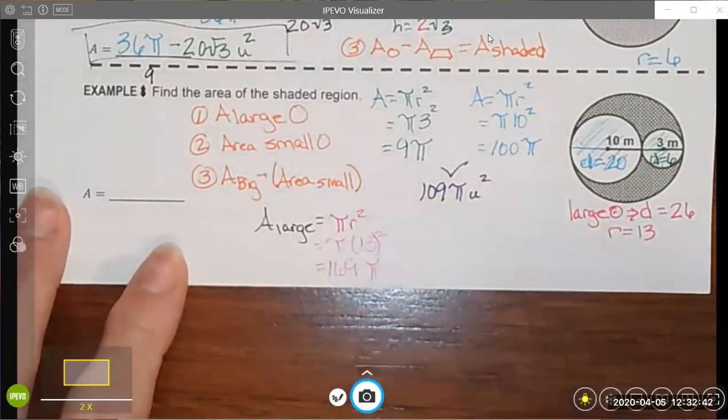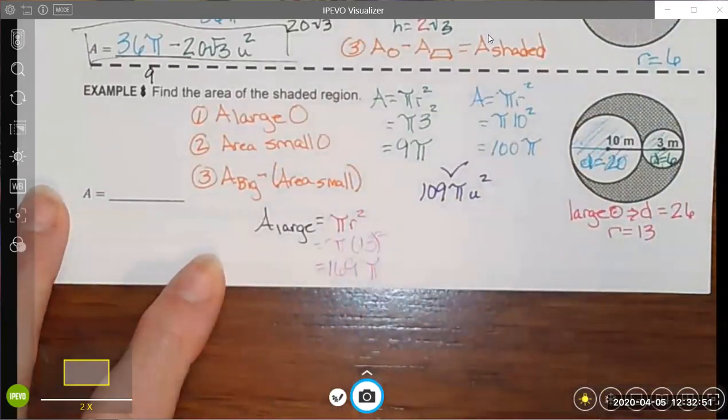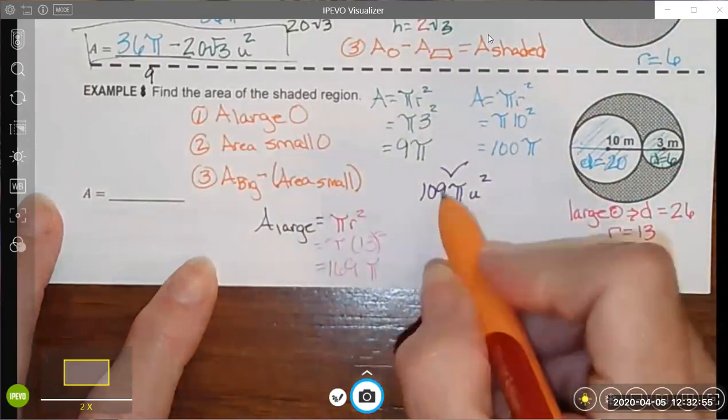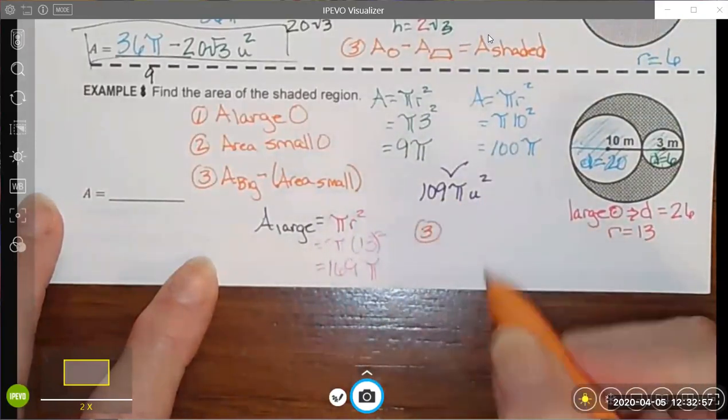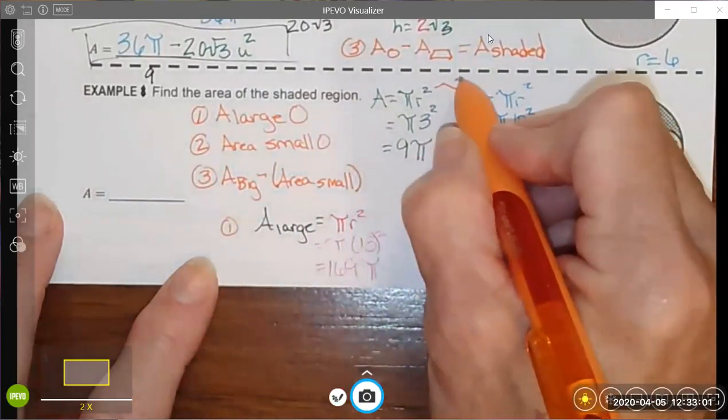Now I need to subtract these two quantities. And in doing so, I take the area of my large circle. Let me put a number 3 here so that we identify that this was step 1. These combined were step 2.